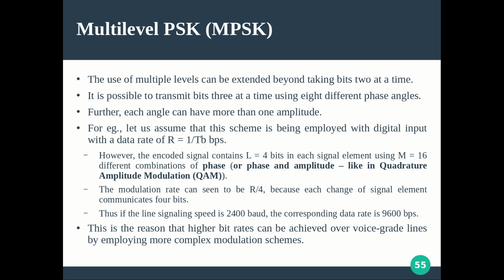So with this we can wind up our discussion on the general topic, digital data to analog signal. What are the modulation techniques used for converting digital data to analog signal? Amplitude shift keying, frequency shift keying, and phase shift keying. In amplitude shift keying, we vary the amplitude, like the presence or absence of amplitude for different bits.